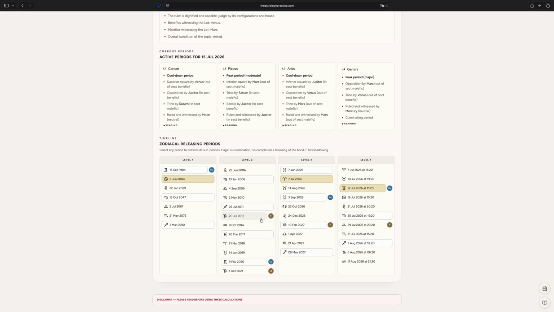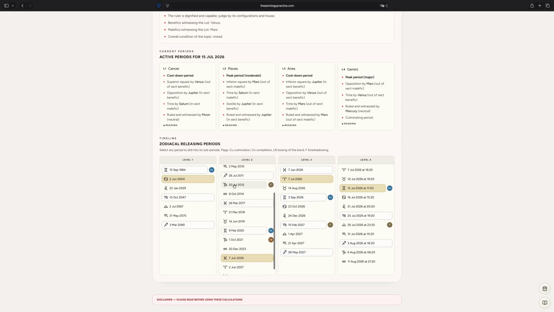The F period is a foreshadowing period. Usually foreshadowing means, you need to be careful that some of these columns are scrollable. So a foreshadowing period just means that the Capricorn period will foreshadow some events.